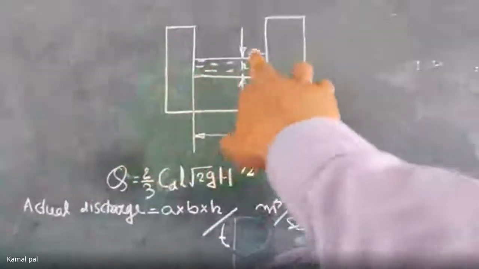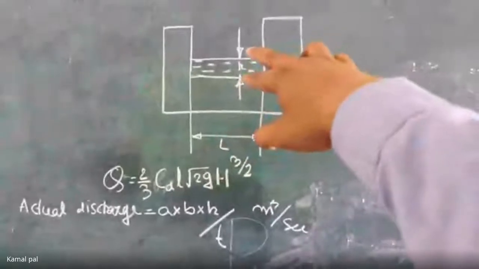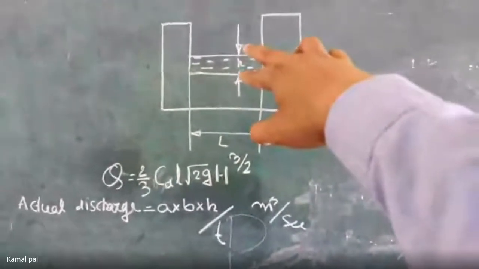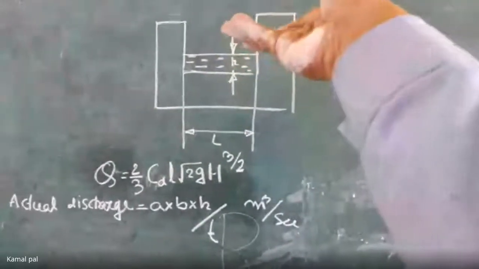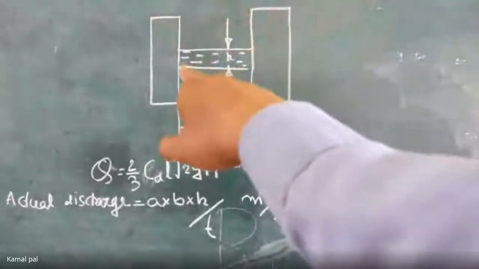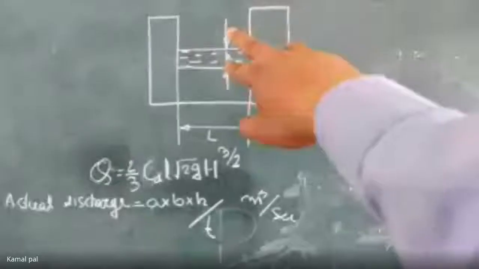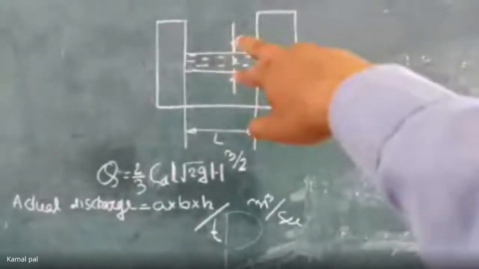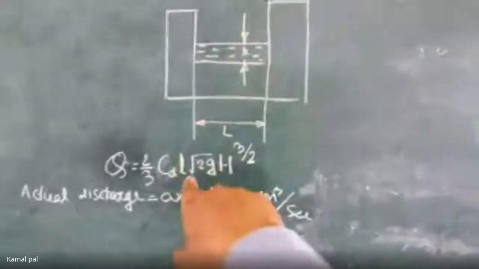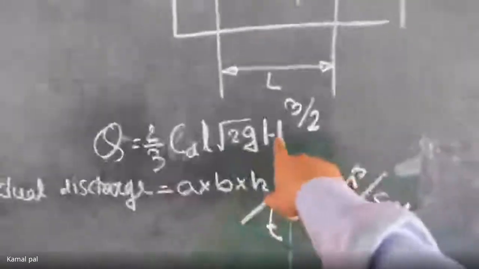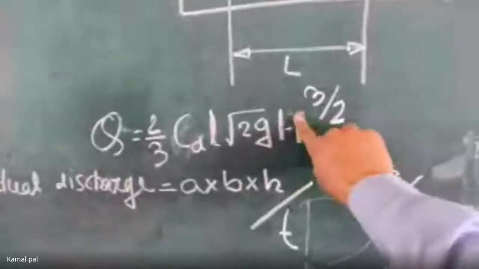and you notice that H is the nappe, which is the sheet of water passing over the crest of the notch. So the height of the nappe is H. Here actually this is small h.